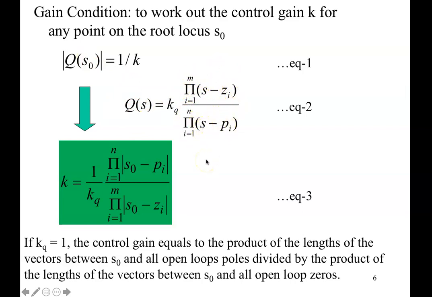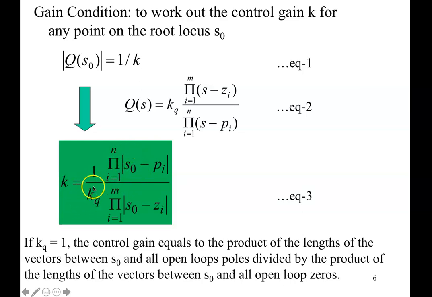All we need to do is find the distance between s0, the test point, and the open loop poles and multiply them together, and at the bottom we find all the distances between my test point and open loop zeros and multiply them together. Dividing this by that gives me the corresponding K to move the closed loop pole to the s0 point.